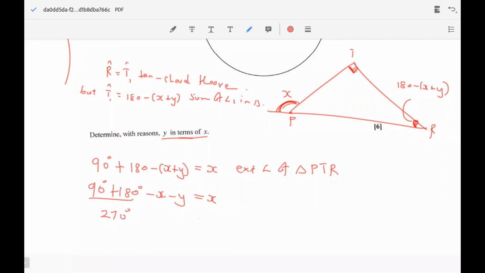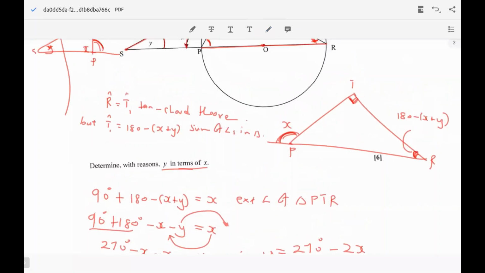Remember, we need to express y in terms of x, so we need to make y the subject. So I'll transpose the y to the right and transpose this x to the left. So it's minus x equals positive y. And this will be 270 minus 2x equals y. So therefore, y in terms of x is 270 degrees minus 2x.